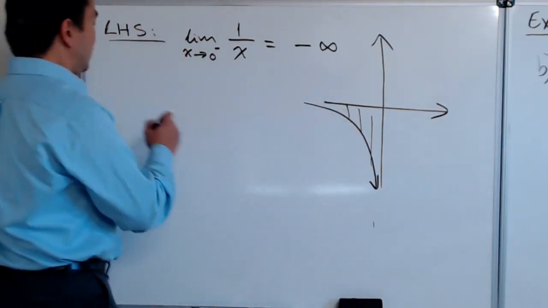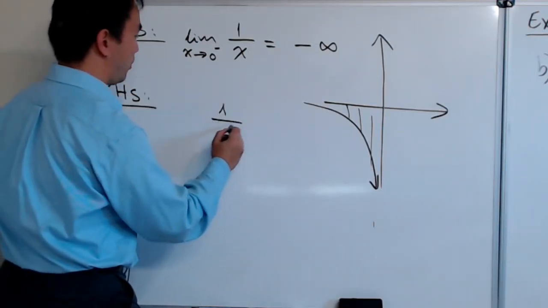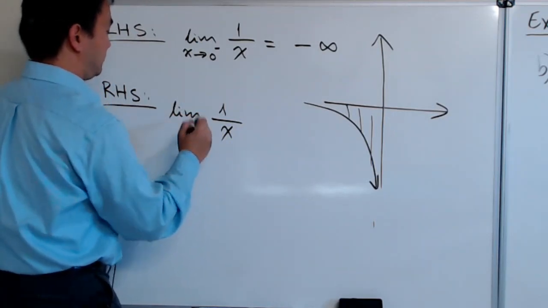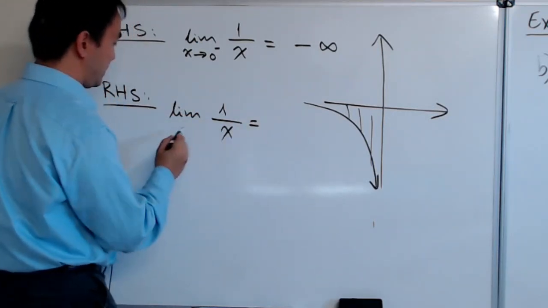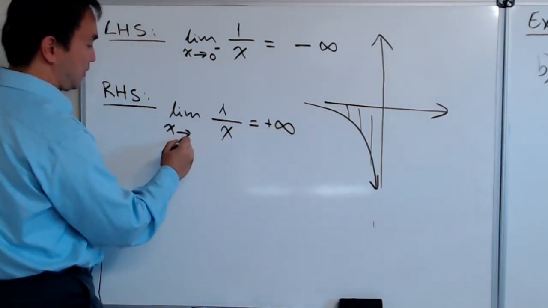On the other hand, for the right-hand side of the same function, 1 over x, the limit is going to be positive infinity as we let x get close to 0.